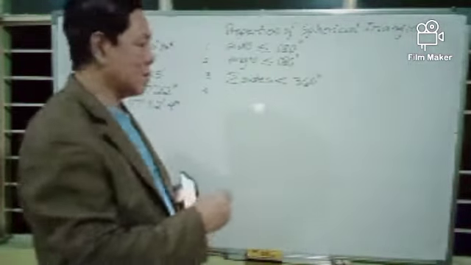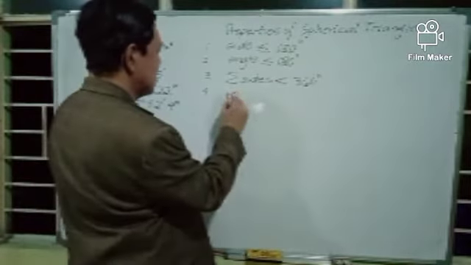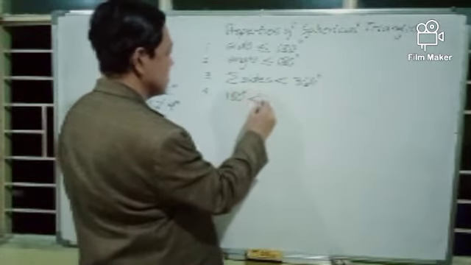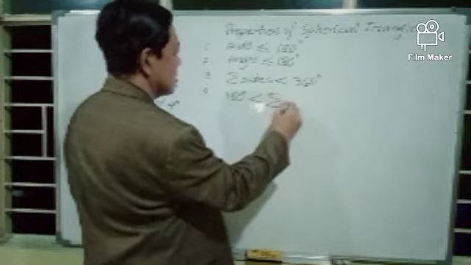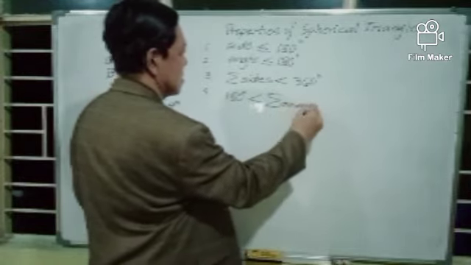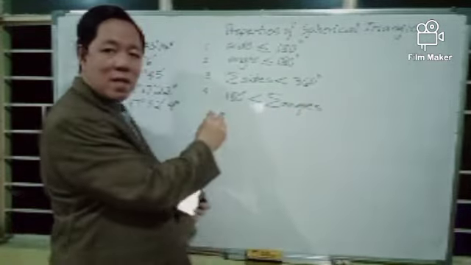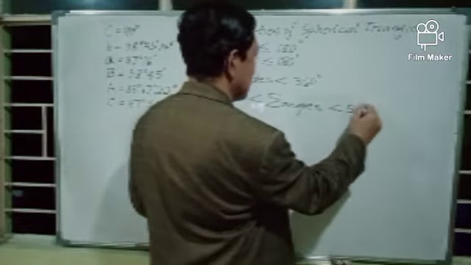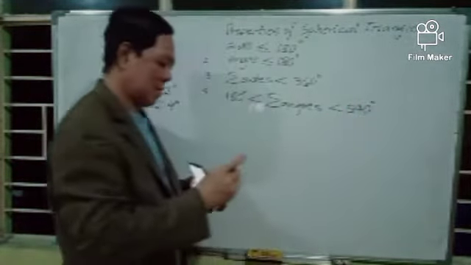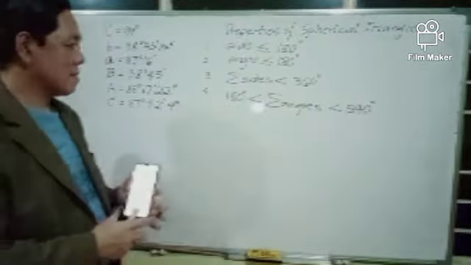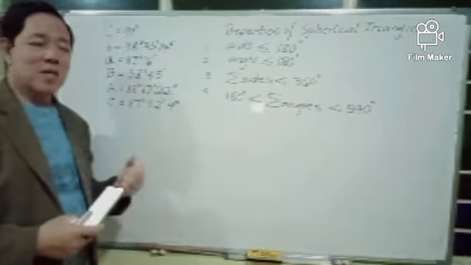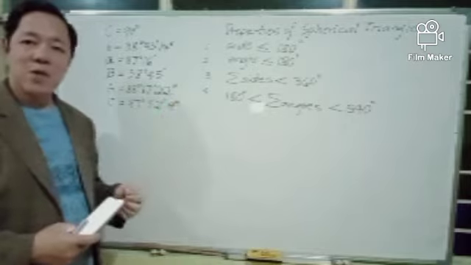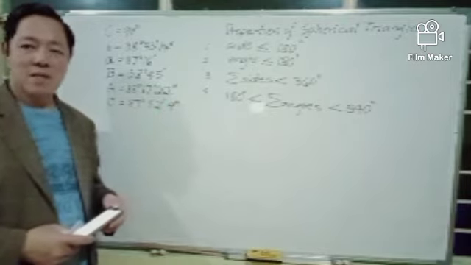So we check for our right spherical triangle if this fourth property is true, and it must be true.